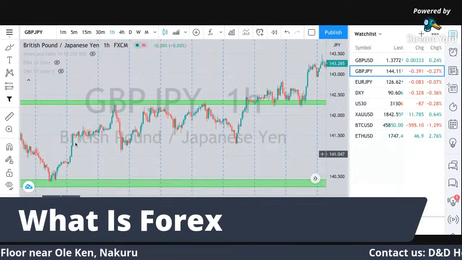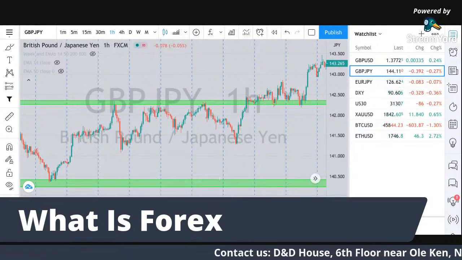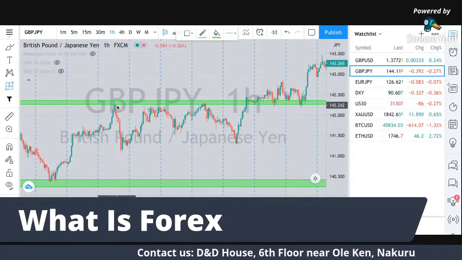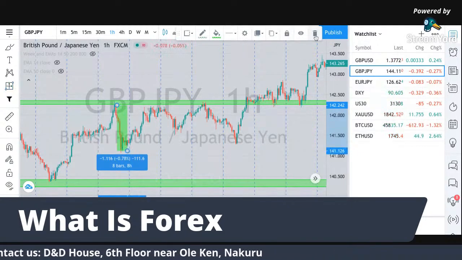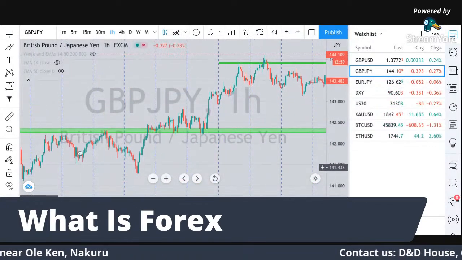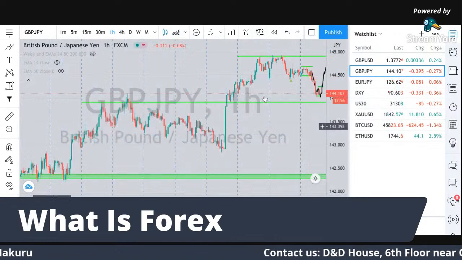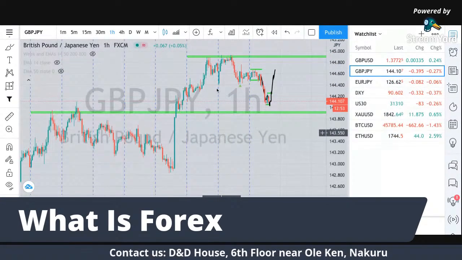So this was Monday, Tuesday, Wednesday, reversed. And these all happened during New York. New York is the best time to catch a good amount of pips, more than 100 pips. So even if you got 80 pips, well and good. So the reversal might happen today or maybe tomorrow.